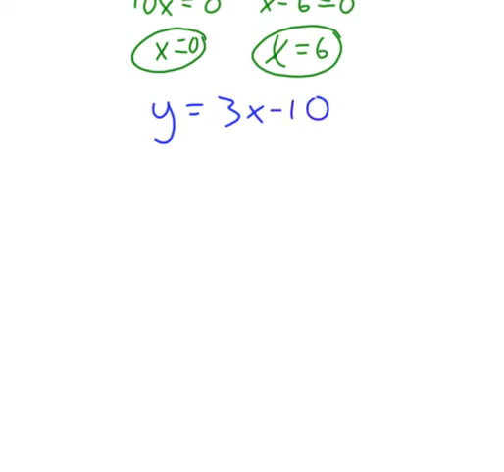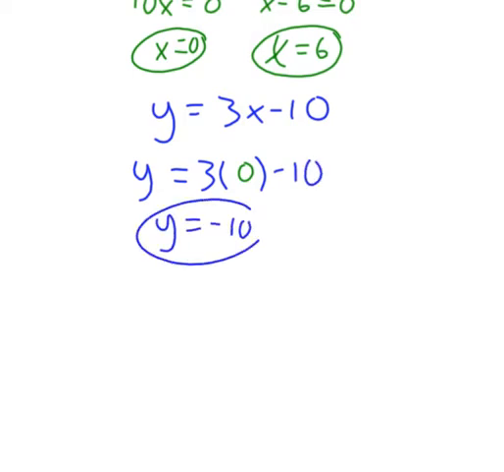So let's sub in for x equals 0. So one point will be y equals 3 times 0 minus 10. So y will equal negative 10. And that point would be written as (0, negative 10). Great.